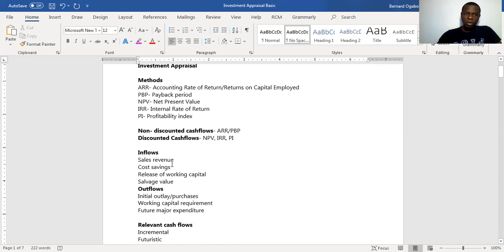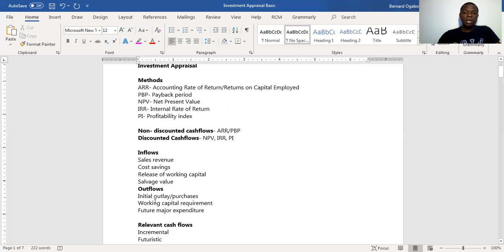But when we get to the complex part, the examiner will prefer to give you items that you need to sift, the inflows by yourself and the outflows by yourself, just to test how conversant you are with this topic.